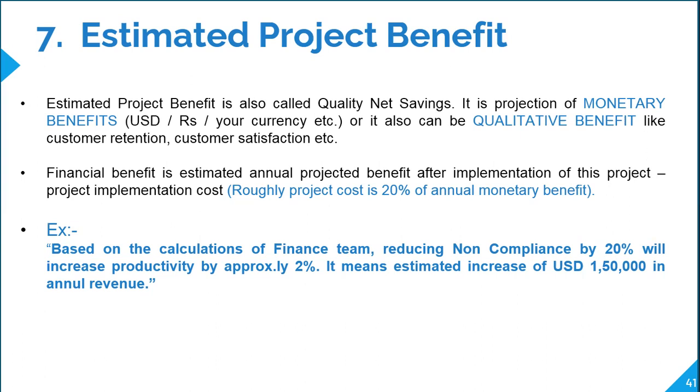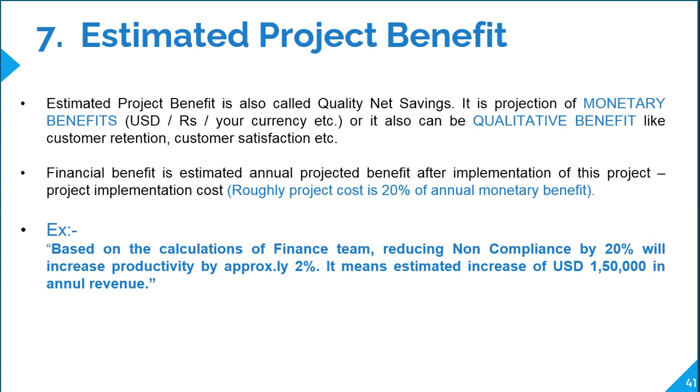So when you deploy any improvement project based on a problem solving methodology like Six Sigma, not necessarily will there be only monetary benefits. Of course, direct monetary benefits are undoubtedly the most important aspect. However, the qualitative benefits are also quite crucial, like customer satisfaction.